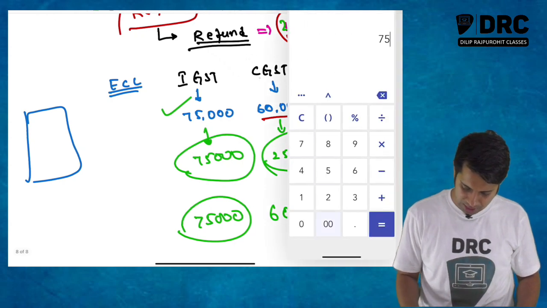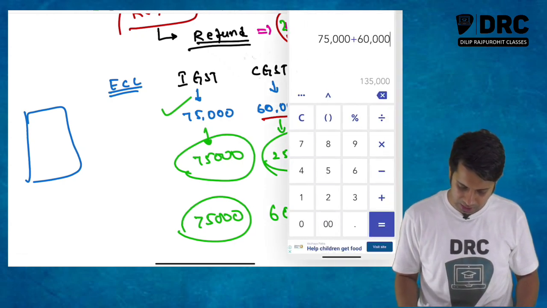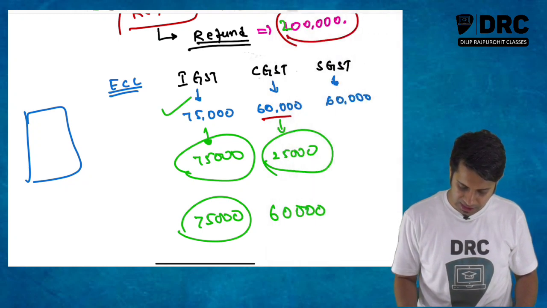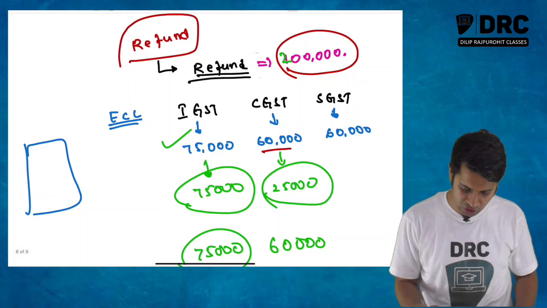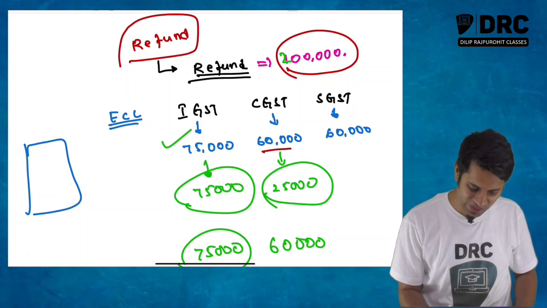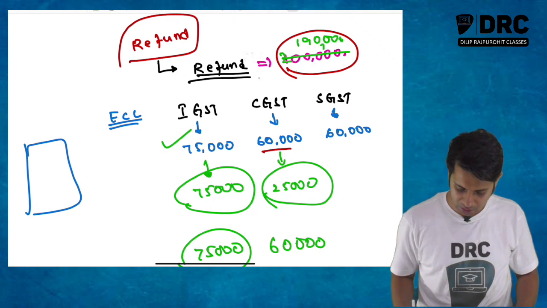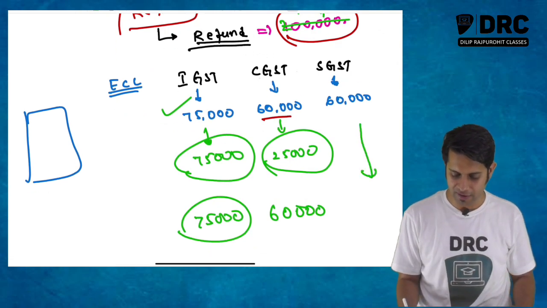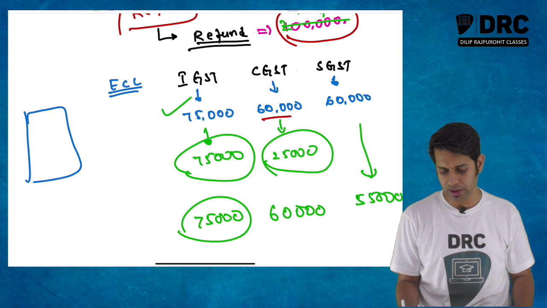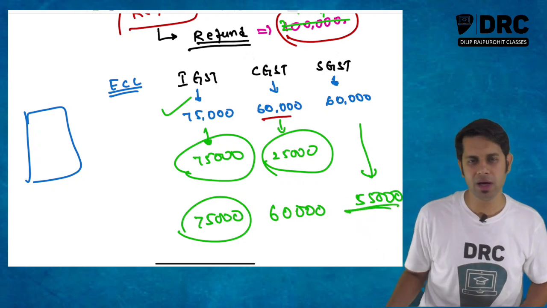Now what is left over? 75,000 plus 60,000 minus 2 lakh. Oh, 2 lakhs is too much, sir. I'll make it 1,90,000. Then take the 60,000 from here, and from here I will be able to take 55,000. So the third preference will be given to SGST.